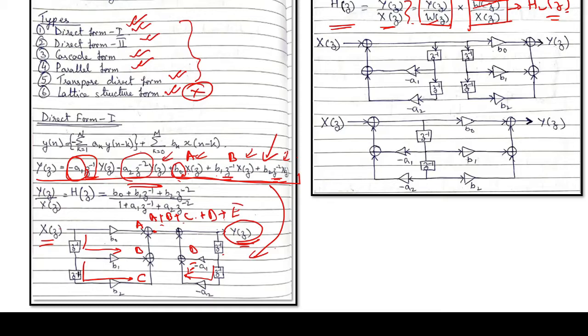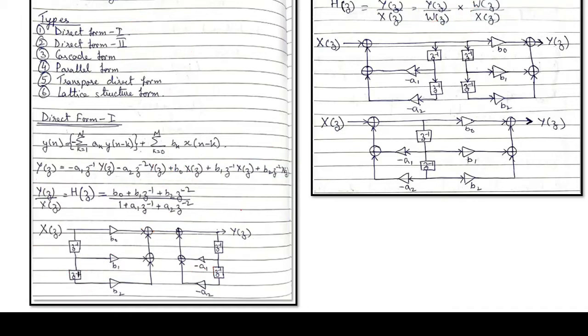So if you look over here, what is happening? We have put Y(z) first and H2(z) at a later stage. Okay. Now under normal circumstances, if you see over here, we have got this thing, right?